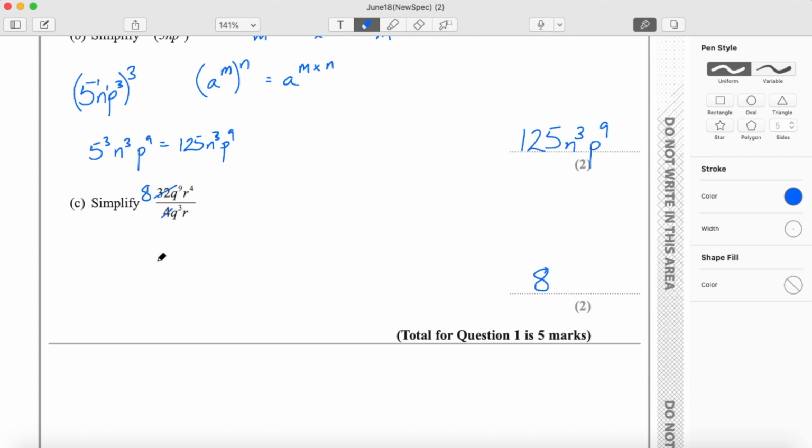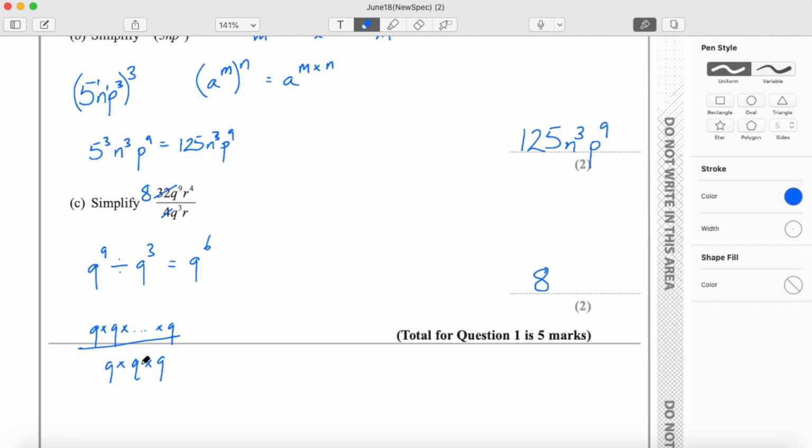Now q. So we have another rule here. q to the power 9 divided by q to the power 3. We can just take these powers away, almost in the reverse sense of what we were doing earlier with the multiplication for 1 part A. So we have q times by q 9 times divided by q times q times q.